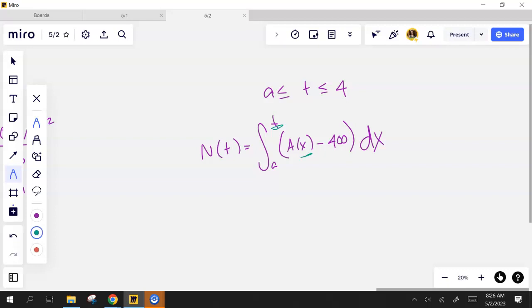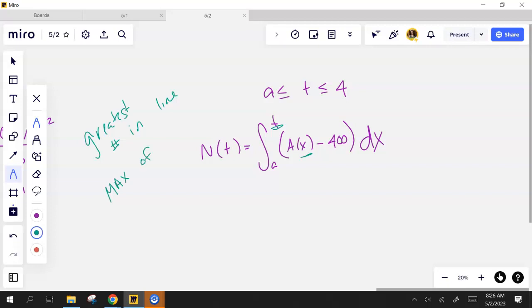Thoughts? Let me read what they're asking me. Greatest number of vehicles in line. Greatest number in line. So a max of what?